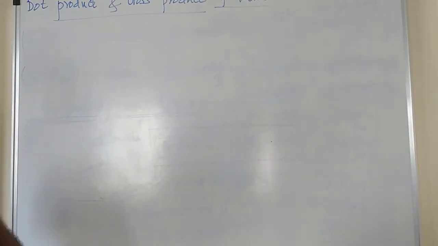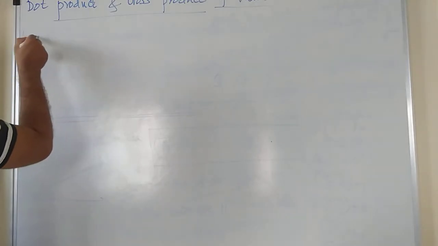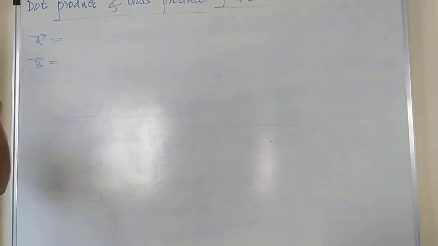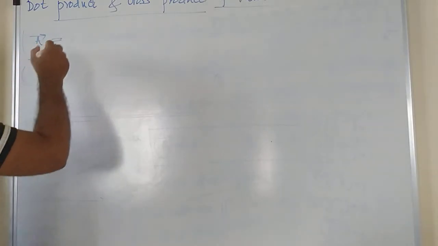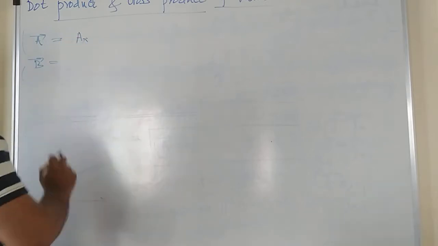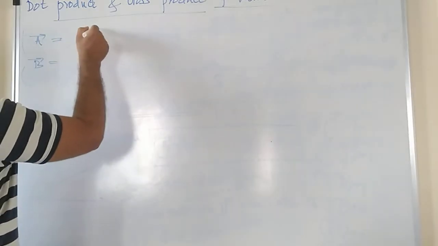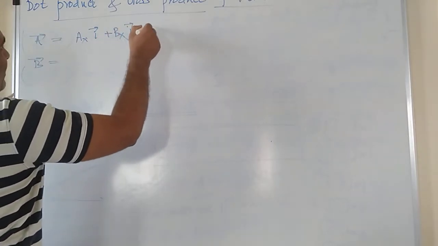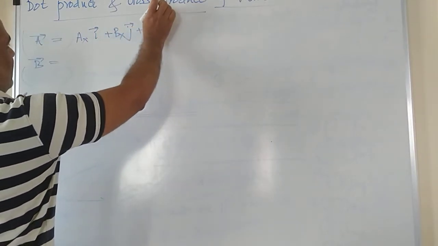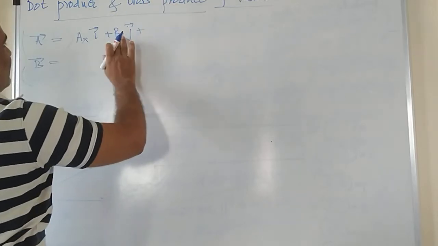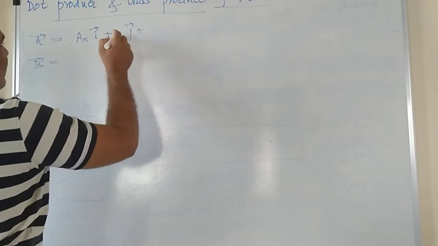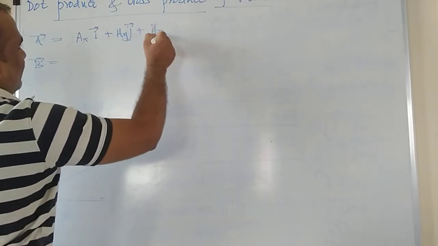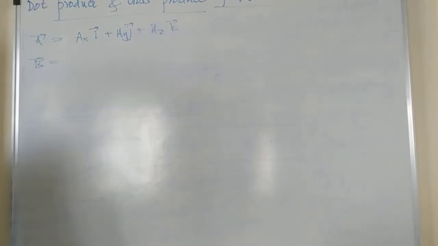So let us consider the vectors a bar and b bar, and the component of a bar along all the three axes x, y and z is written as ax into I bar plus ay into j bar plus az into k bar.